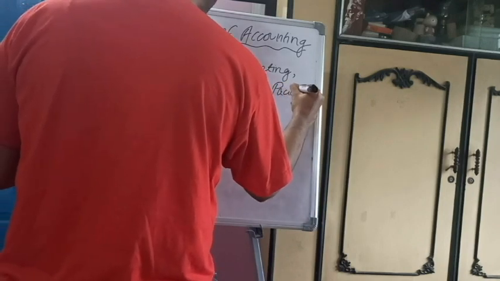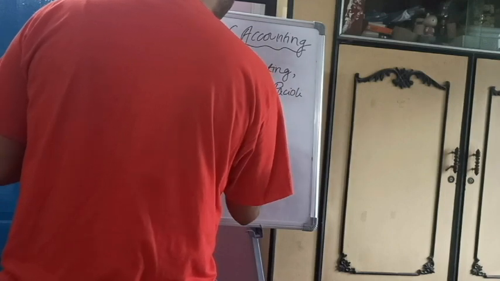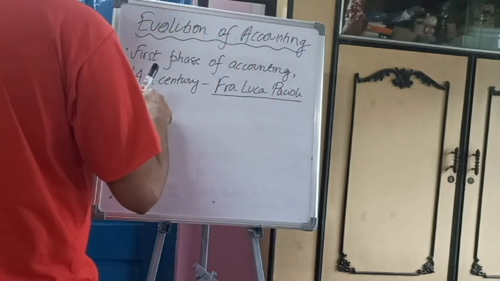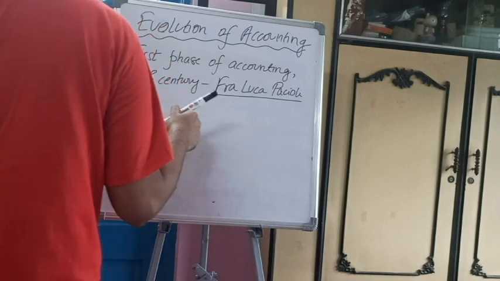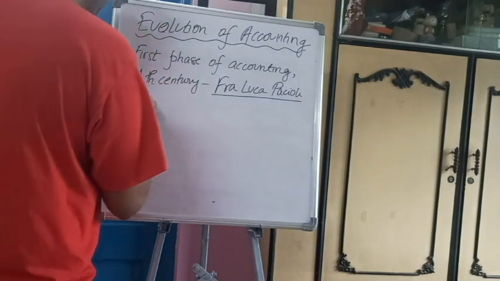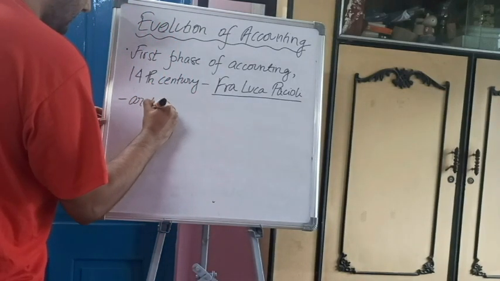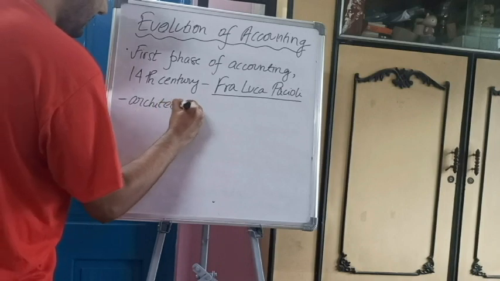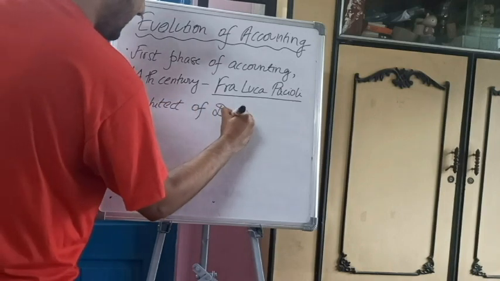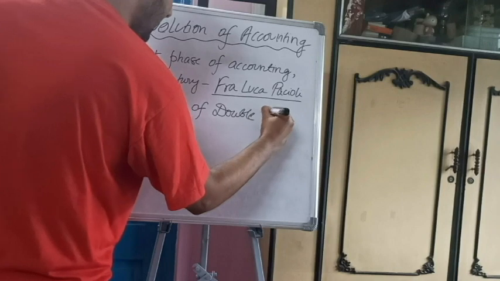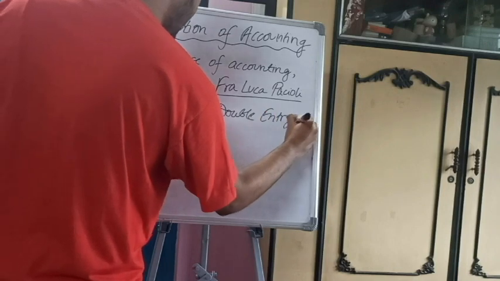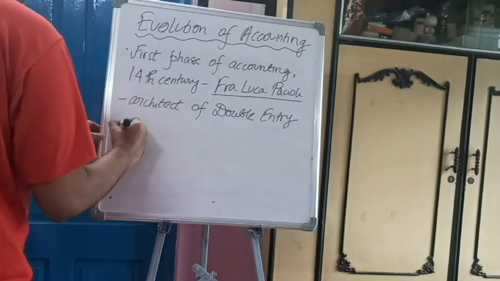Very important for your MCQ exams. Fra Luca Pacioli, the first phase of accounting in the 14th century. He was the architect of double entry bookkeeping.